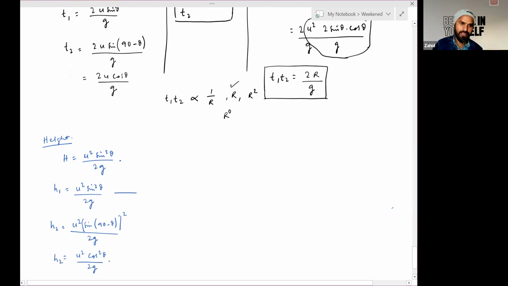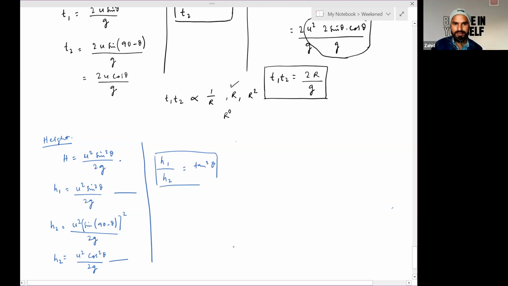Now using these two relations, we may find first h1 divided by h2. So it will be tan square theta only.